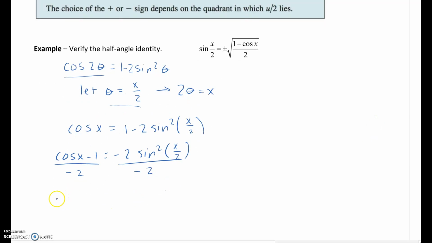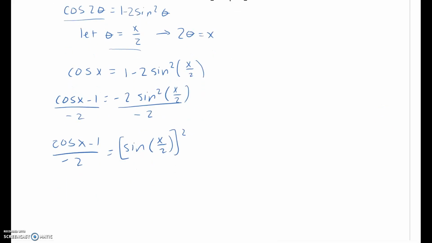So you have cosine of x minus 1 over negative 2 equals sine of x over 2, and that whole thing is squared, right? Sine squared is the same thing as the sine of the whole thing squared. So square root it to get it by itself.